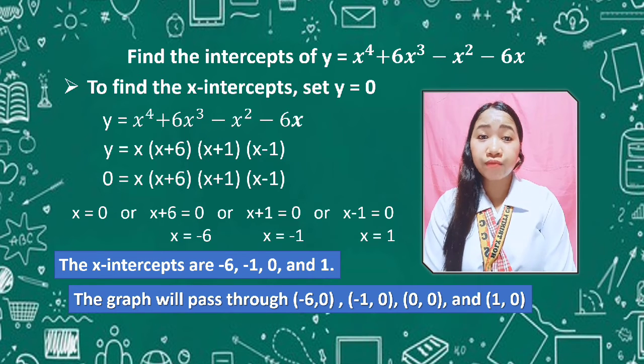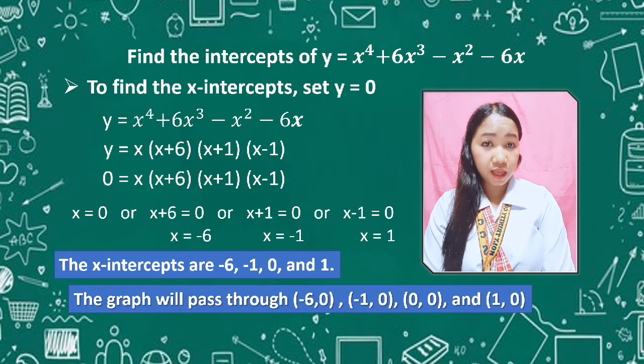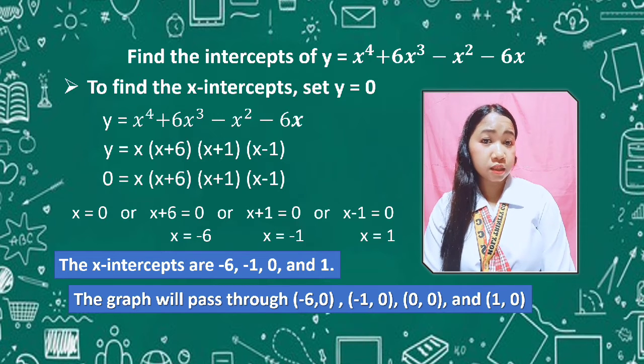Therefore, we have 4 x-intercepts. These are negative 6, negative 1, 0, and 1. This means the graph will pass through negative 6, 0, negative 1, 0, 0, 0, and 1, 0.